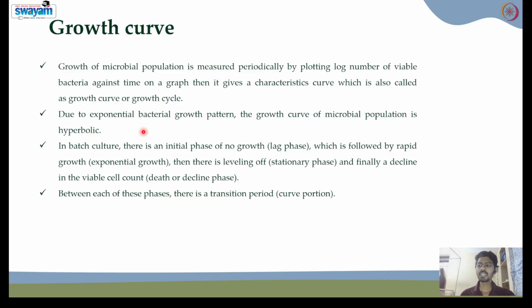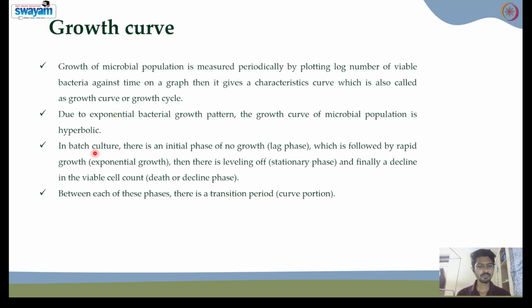We will see the graph in the upcoming slides. Due to exponential growth, as we have seen before, one cell converts into two, two into four, and so on. So due to this exponential nature, the growth curve of a microbial population is hyperbolic.